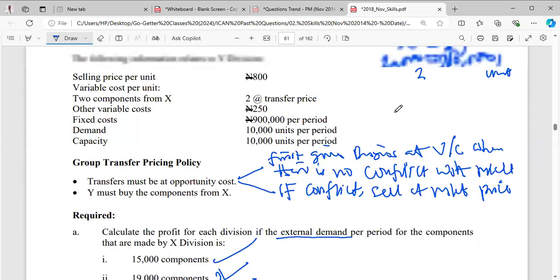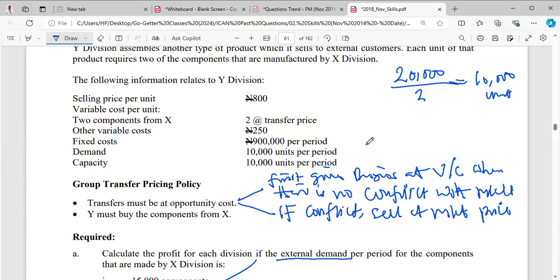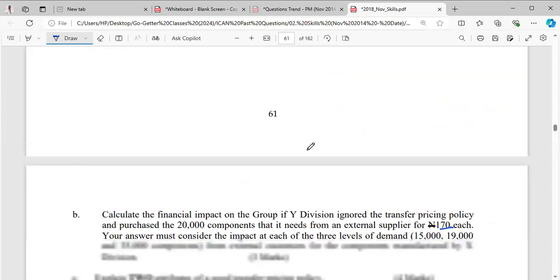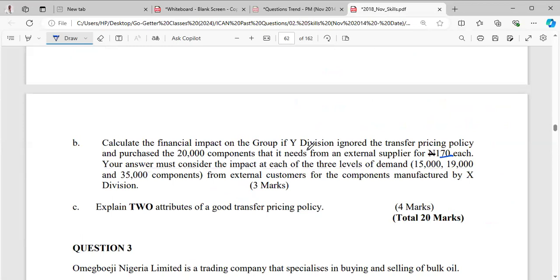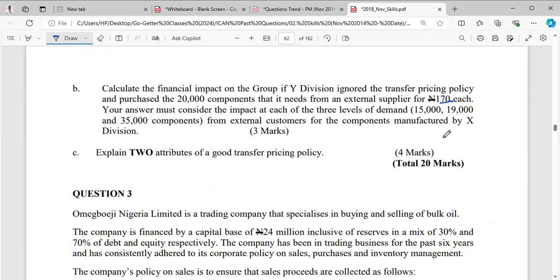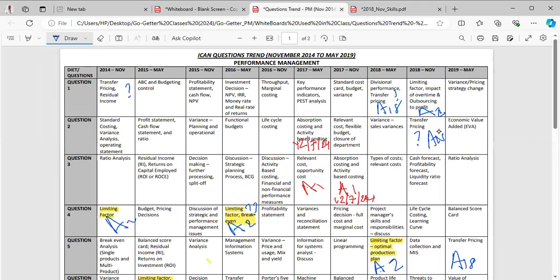So even though you were putting group in the exam, don't put anything in the group side when you are doing the A. But when you are doing the B, everything should just be focused on what the group is getting. And so you just leave the calculation of the other ones, just see the impact on the group. So that's how you would do that. So let's see. So that means we've done this.